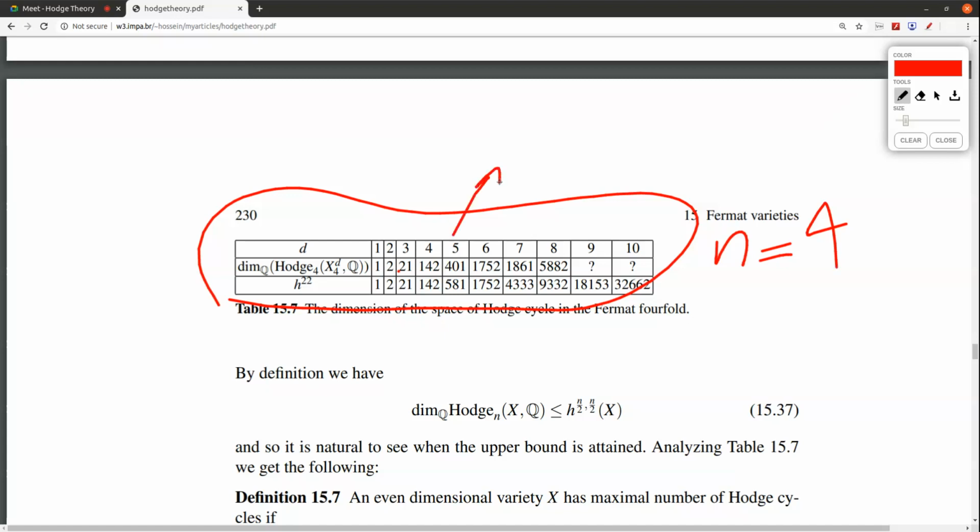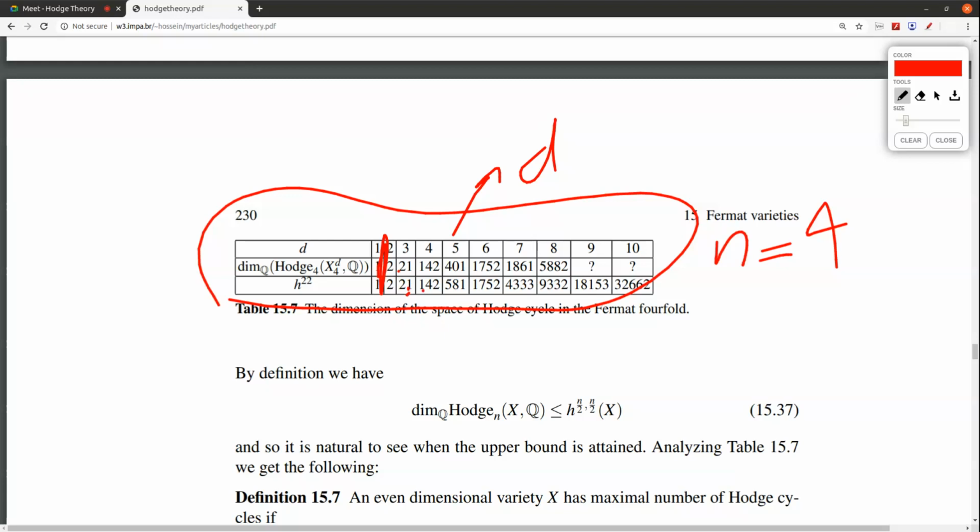Here is the degree. Let's forget the trivial cases. In degree 3, we have the space of Hodge cycles of dimension 21. In degree 4 also, and this is the maximal one, because as I said, h^{2,2} is the maximum for the dimension of the space of Hodge cycles.